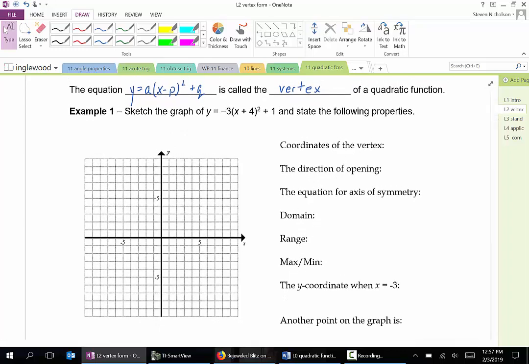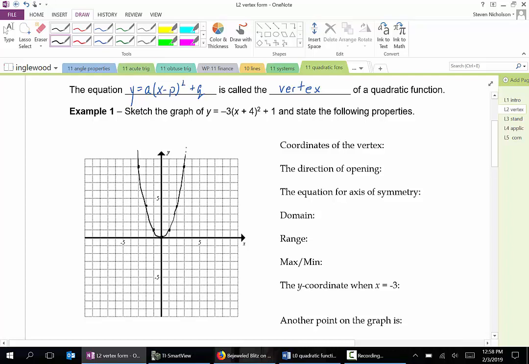If we started off with our basic parabola, like we did last day, and I have a bigger graph so I can do 3, 9. So this one right here, we have all of these points, and remember one of the things we talked about was axis of symmetry. The axis of symmetry for this parabola is x equals 0.